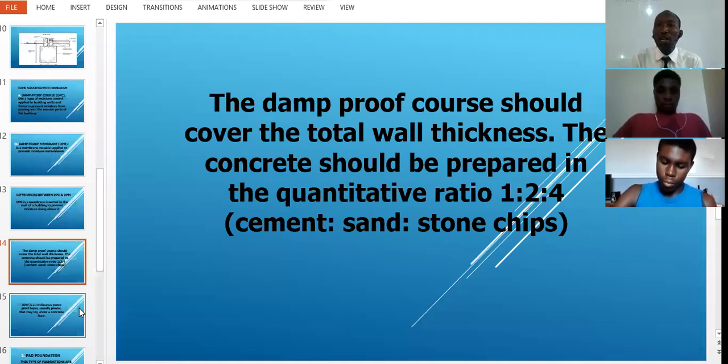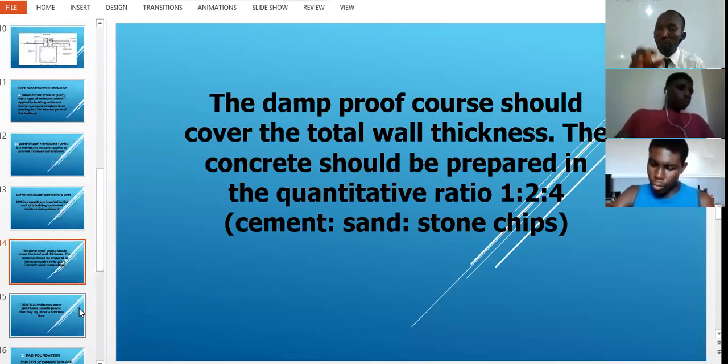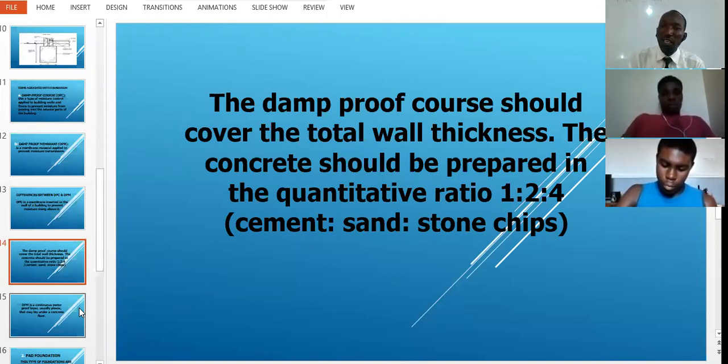The concrete should be prepared in the quantitative ratio of 1:2 and 1:4. Now, this is the ratio of cement, sand, and stone chips. It means that what is used to construct a damp-proof course is the mixture of concrete, the mixture of cement, sand, and stone. Are you getting me at all?